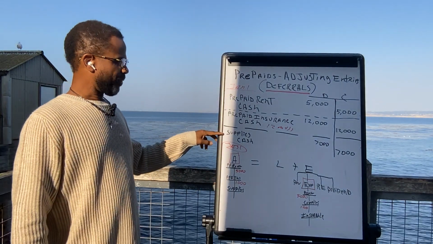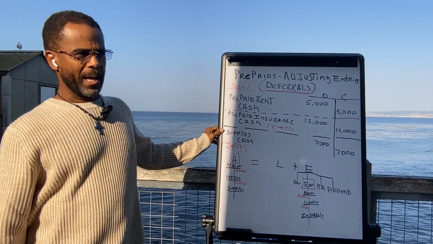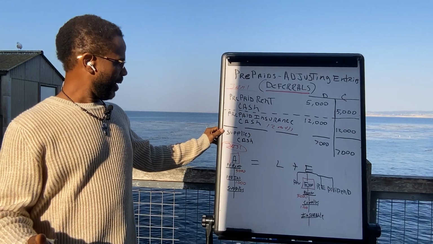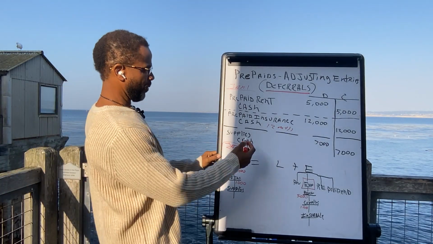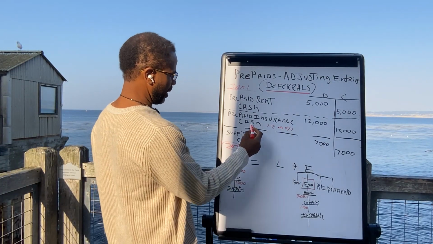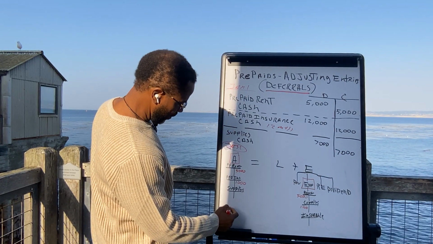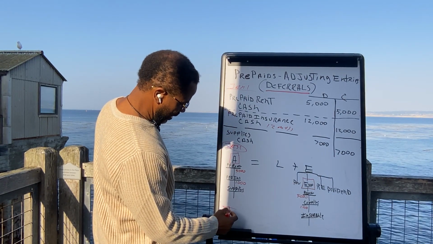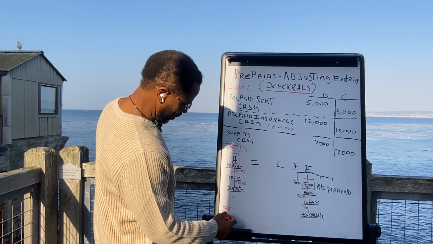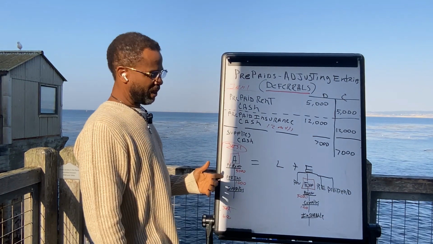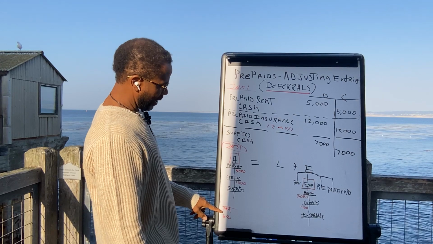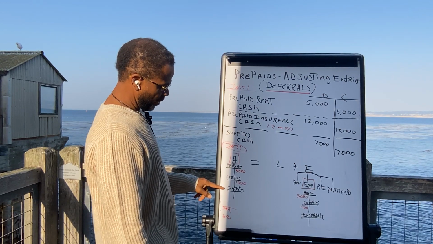Third, now I have supplies. So let's say supplies, right now at the end of the month, has a balance. We originally started with a balance of $7,000. Now we're saying supplies has gone from $7,000 to $6,000. So we must have used $1,000 of the supplies account. How do you exhaust the supplies account?